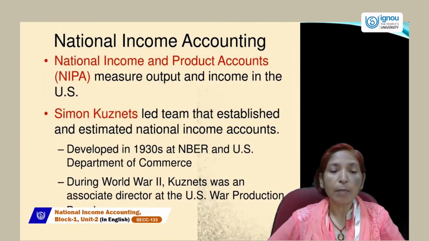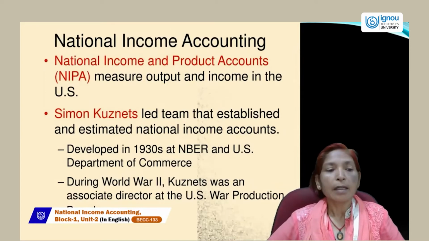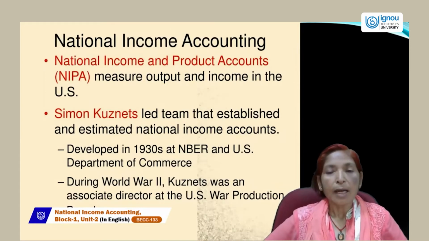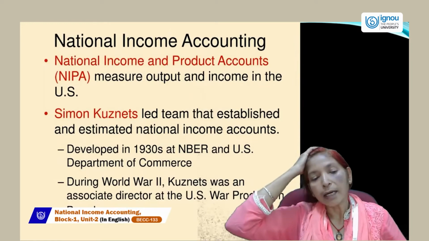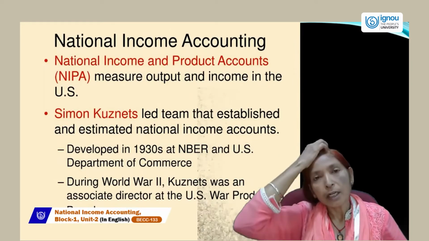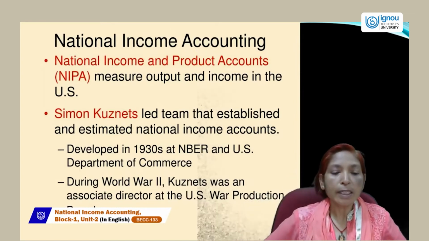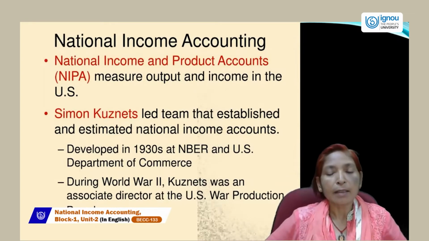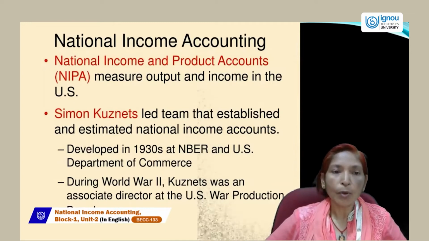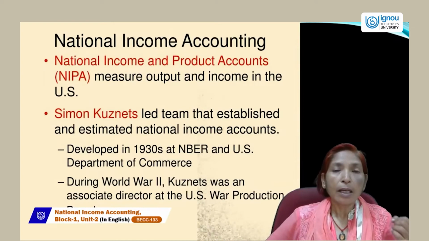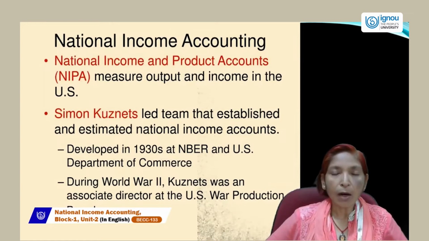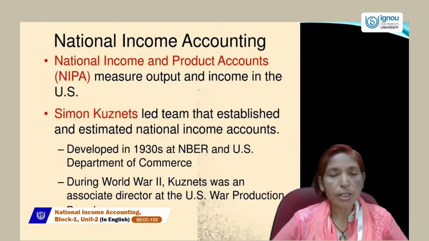Simon Kuznets, an economist, established the estimates of national income, developed in the 1930s at the NBER and the US Department of Commerce during World War II. Kuznets was an associate director at the US War Production Board. At that time, Simon Kuznets gave this concept of national income accounting and how we can estimate national income.